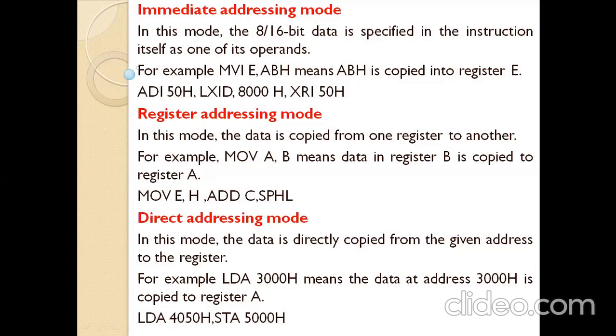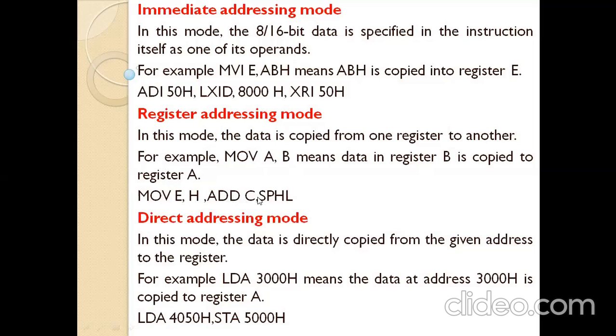Next one is register addressing mode. MOV A, B. The B register content I am going to move to the A register. Here the data transfer takes place between 2 registers. So it is called register addressing mode. Next, MOV E, H. The H register content I am moving to the E register.